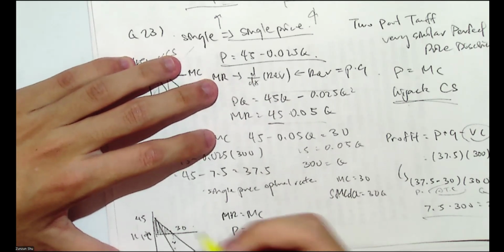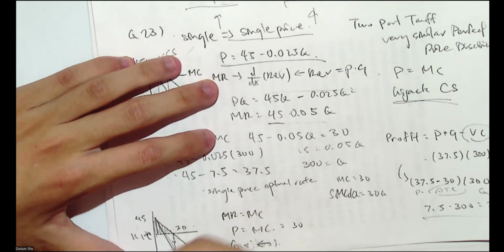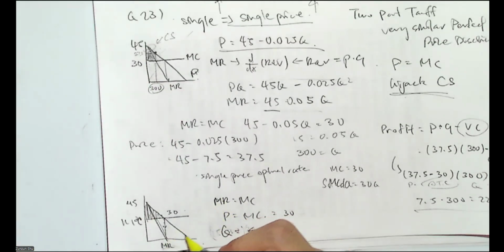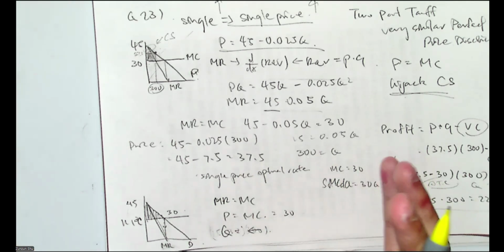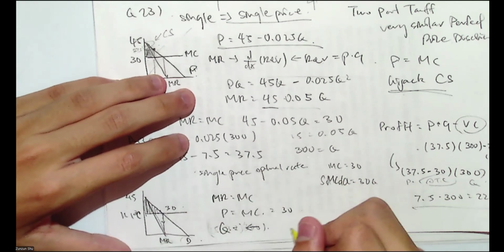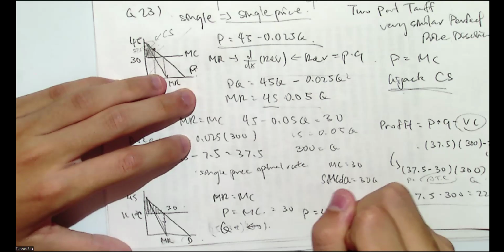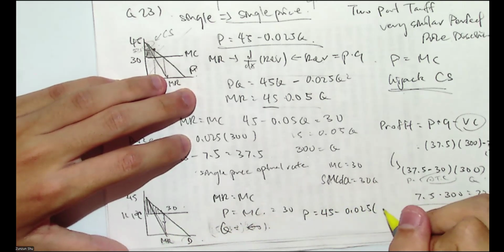And how do we get quantity? Well, you could choose to use either MR or the demand curve. And it's not going to be MR, because remember, this is not about a single price anymore. We use MR equals MC there. Here we use P equals MC, which in other words is just D equals MC. So we plug it into our demand curve, which is P equals 45 minus 0.025Q, with Q being unknown.